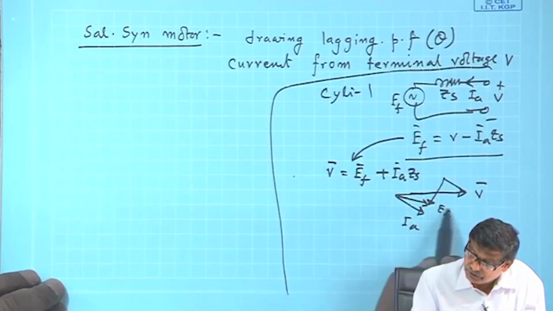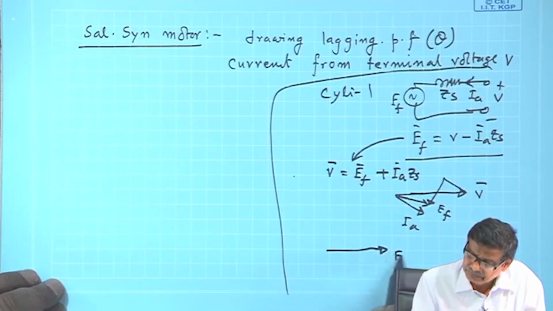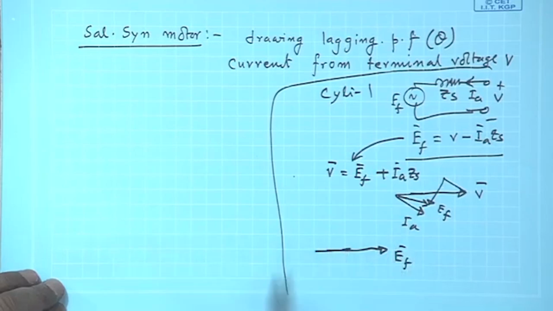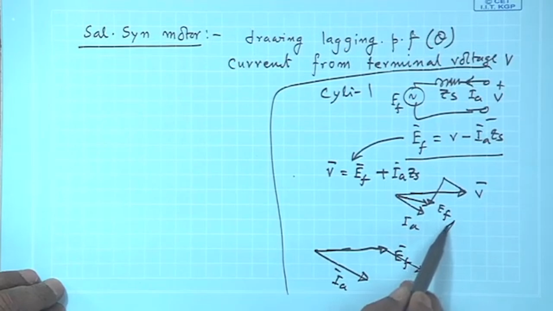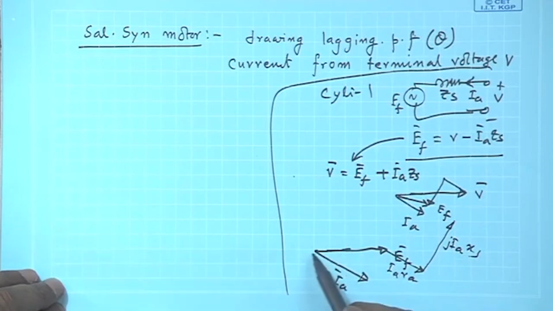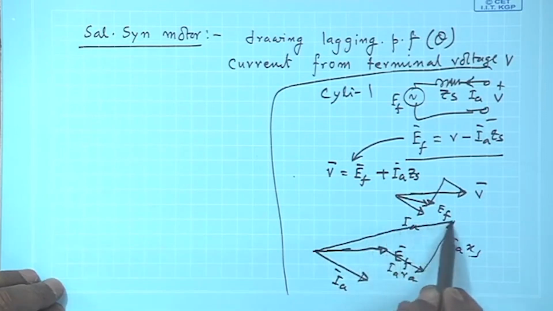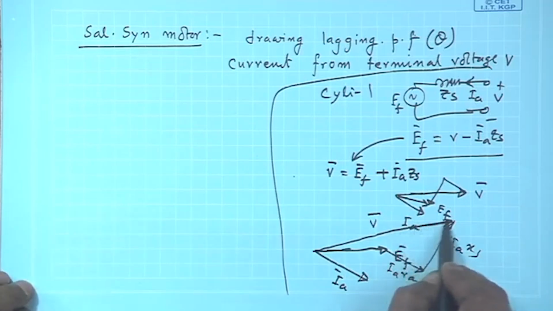So, I could also draw this phasor diagram in this way. First draw EF, then say lagging power factor IA is here. Then to EF add IARA plus IAZS, adding IARA, and you will get terminal voltage. Okay.